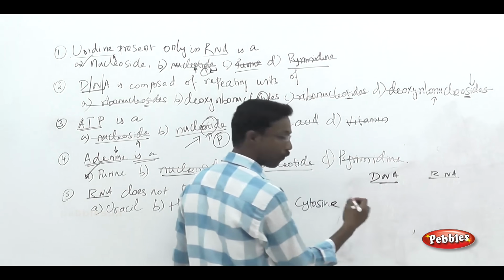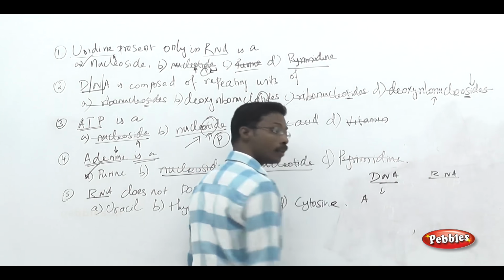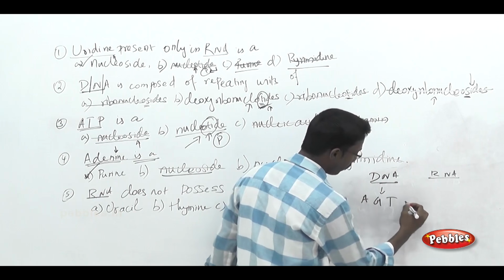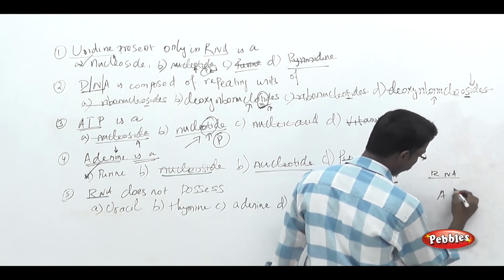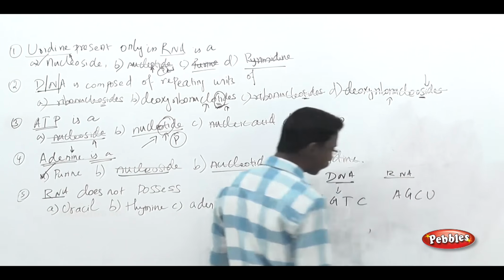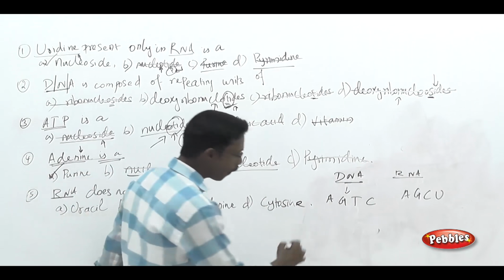The second major difference is in the nitrogenous bases. In DNA, the nitrogenous bases are adenine, guanine, thymine and cytosine. In RNA, adenine, guanine, cytosine and uracil. So you can easily see the differences.